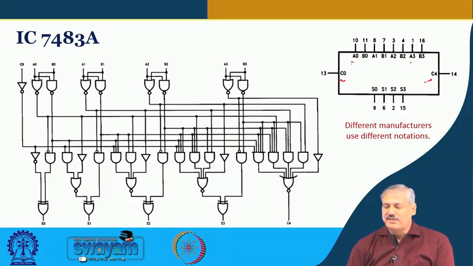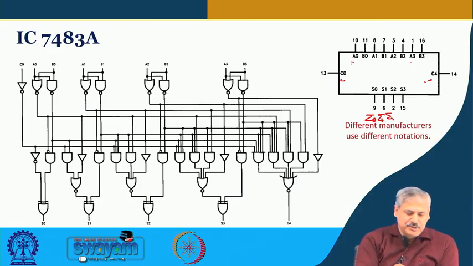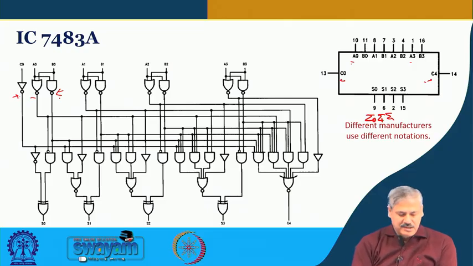In some other manufacturer you will see that instead of the sum bit they are using the sigma sign, the summation sign, summation 1, summation 2 and so on. These are certain small differences that you have to take note of when you are using it practically in the lab or in your personal hobby project or mini project, digital electronics project. The other thing to take note of is the use of NOR gate and NAND gate, and here again NOR gate, instead of the AND and OR that we have used.